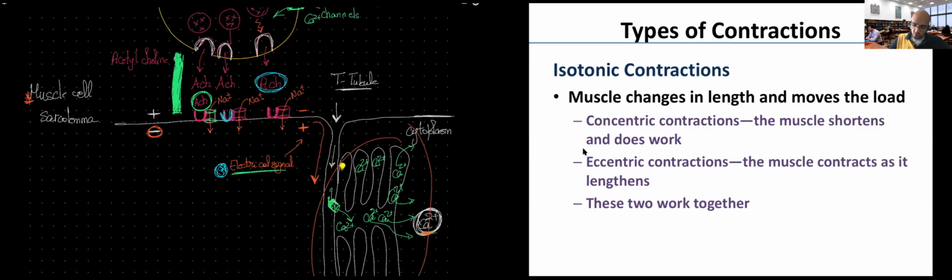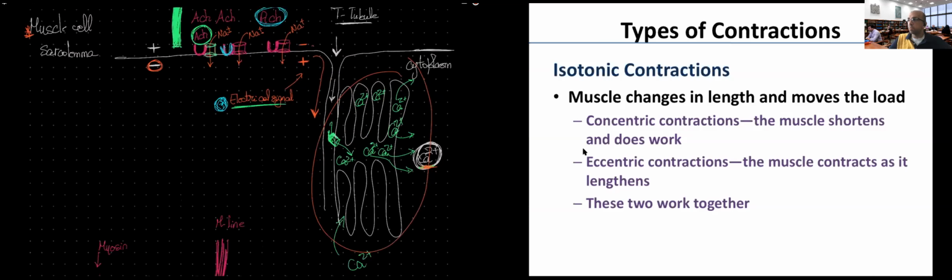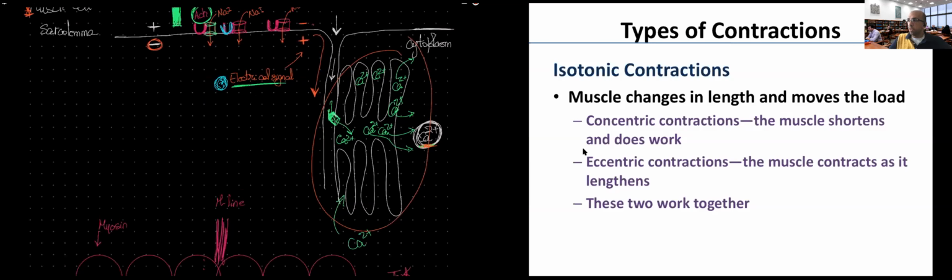Those T tubules are directly connected to flattened tubules inside the cell, which are part of the endoplasmic reticulum. We call the smooth endoplasmic reticulum of the muscle cell the sarcoplasmic reticulum.